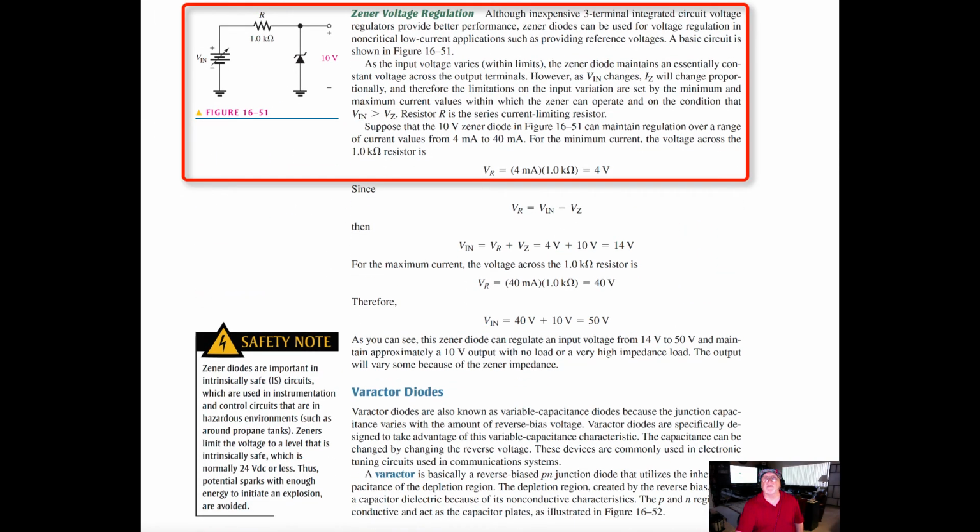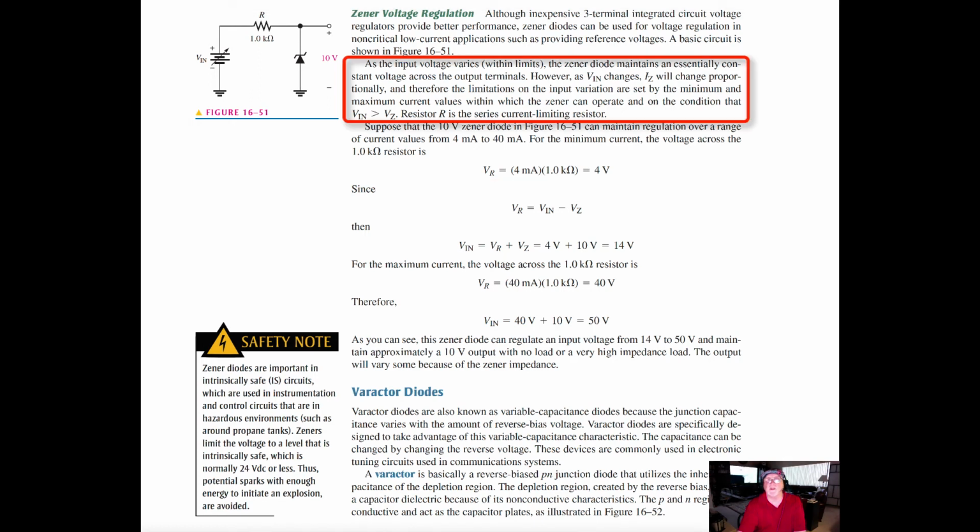Although inexpensive three-terminal integrated circuit voltage regulators provide better performance, Zener diodes can be used for voltage regulation in non-critical, low-current applications, such as providing reference voltages. A basic circuit is shown in the figure to the left. As the input voltage varies within limits, the Zener diode maintains an essentially constant voltage across the output terminals.